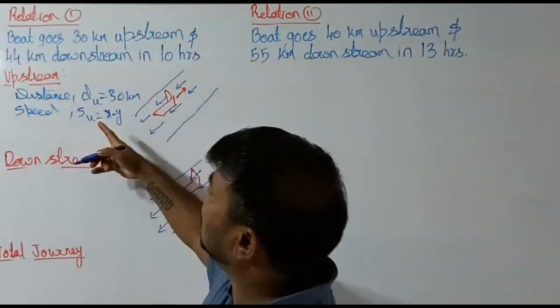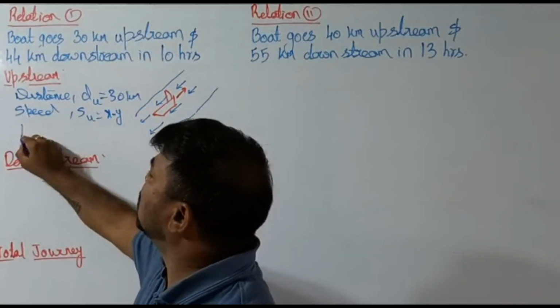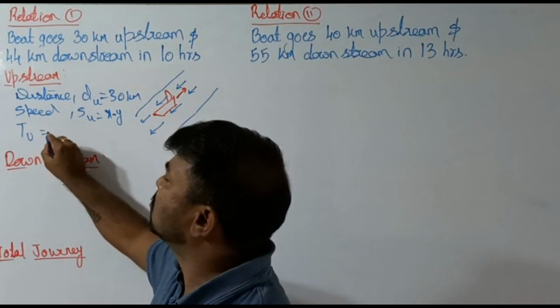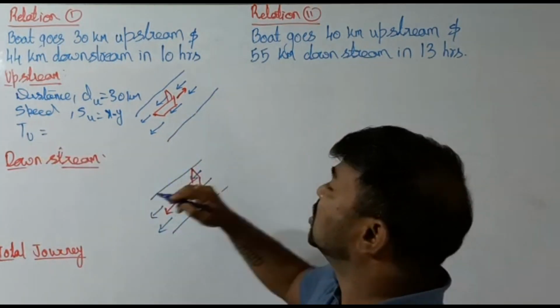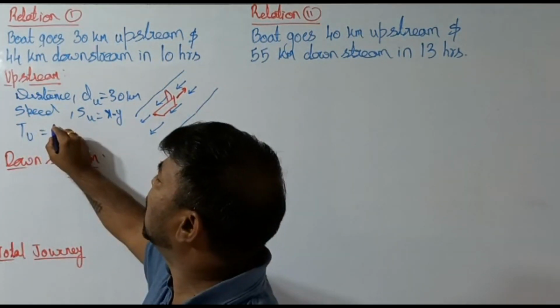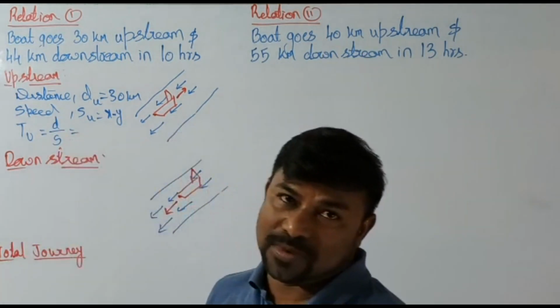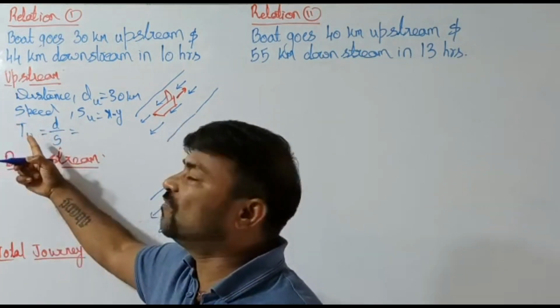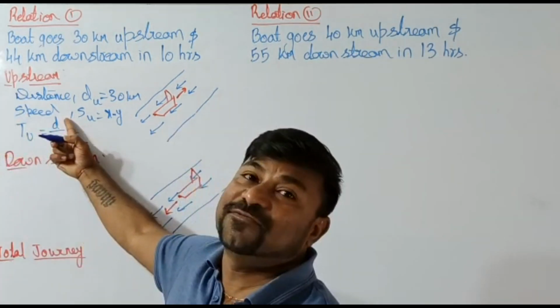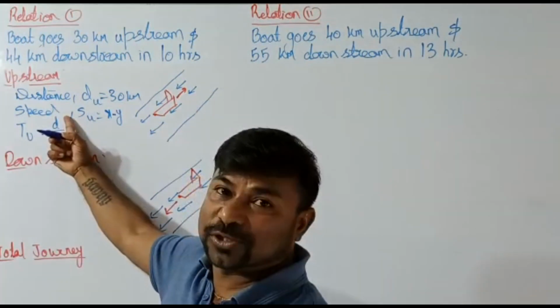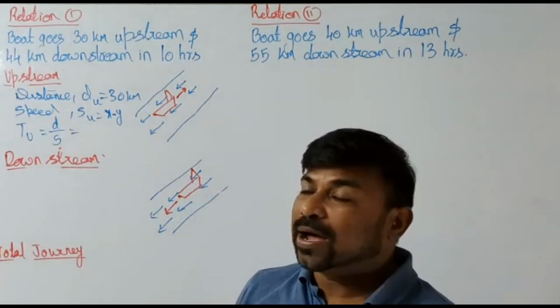Now, the time taken. Just now I said time is equal to distance by speed. Time taken for upstream is the distance for the upstream divided by the speed upstream.